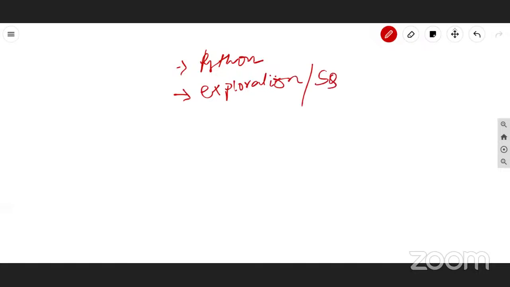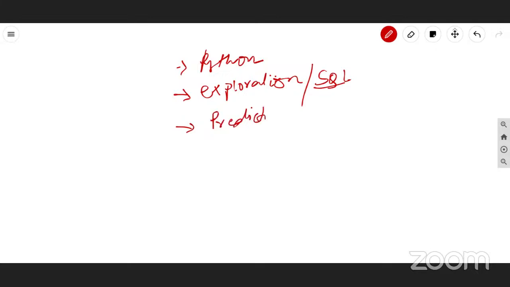Before that, I jump to SQL, so that while I take you through SQL, you get some time to practice with Python. Because the exploration task would be a bit heavier, by then you need some practice and handholding on Python so that you can write those exploration logics. So first we'll start with Python, then jump into SQL, followed by data exploration, and then I will teach a few basic predictive algorithms.